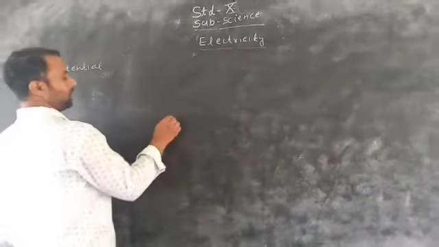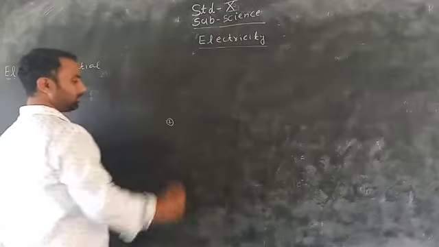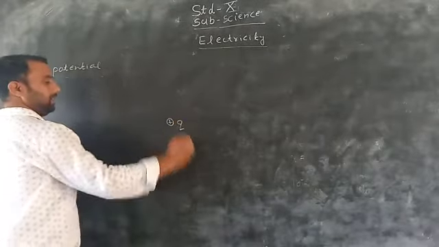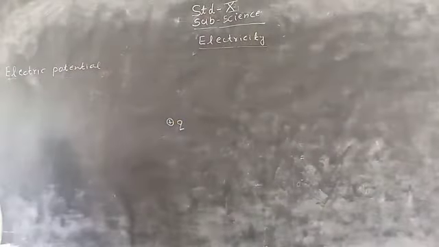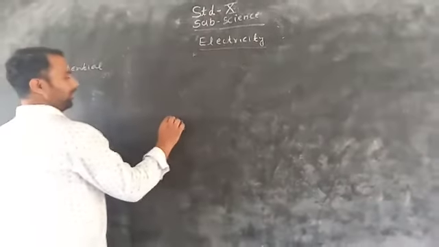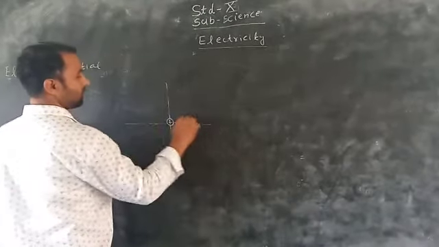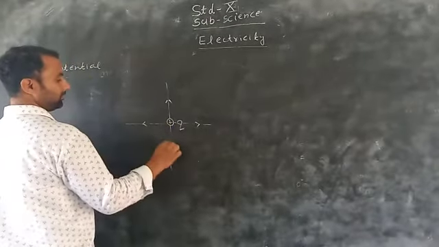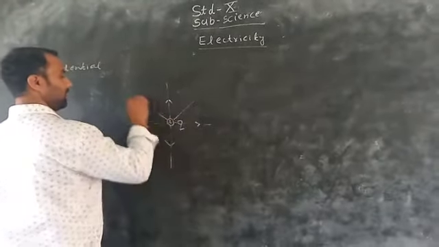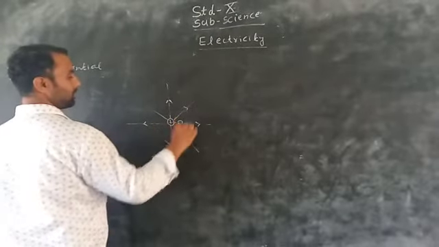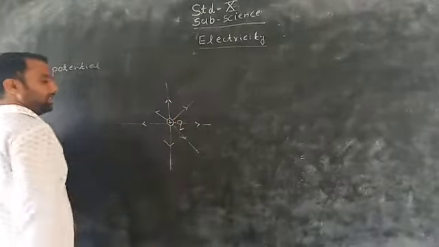Suppose a positive charge is placed here. We know this charge creates its own electric field around it.